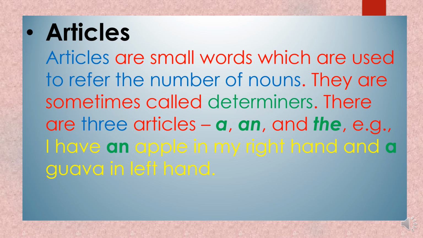So an is always used with the vowels and a is used with the consonants, and the is used for some particular or specific things. So I think you are all aware of the articles. Article is also considered to be a part of speech, and it is the ninth part of speech.